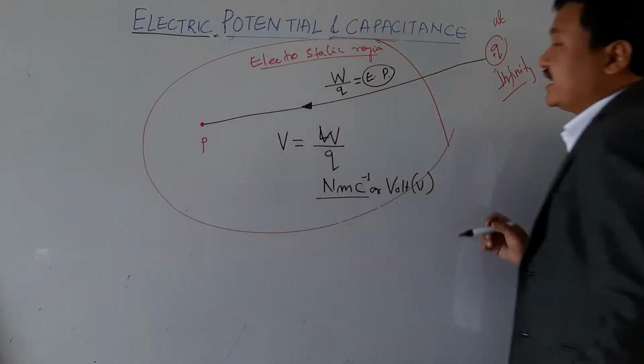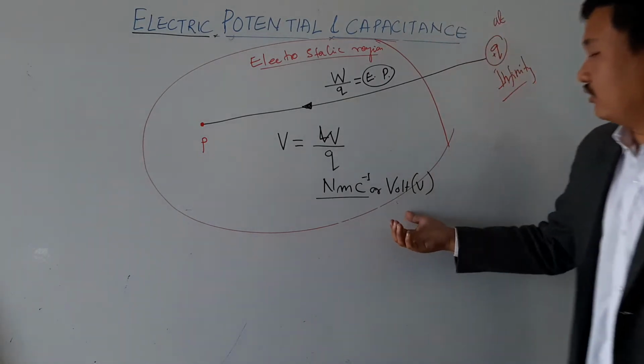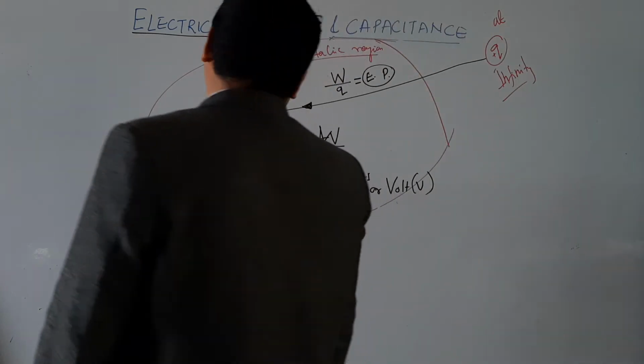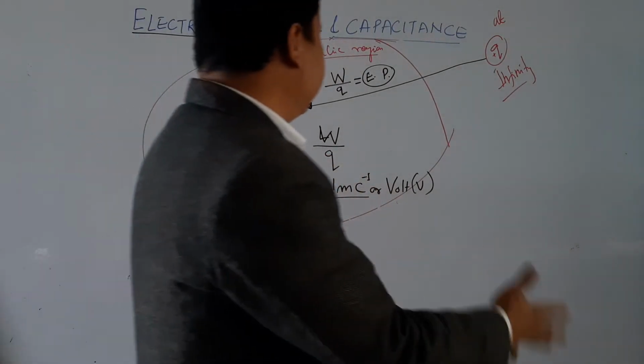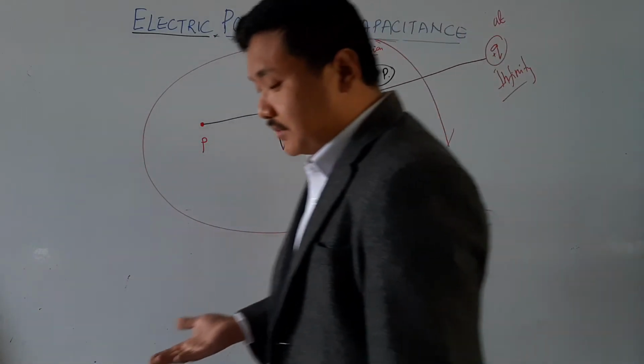The potential difference has the SI unit volt, and electric potential also has the same SI unit volt, or this can also be written as newton meter per coulomb.